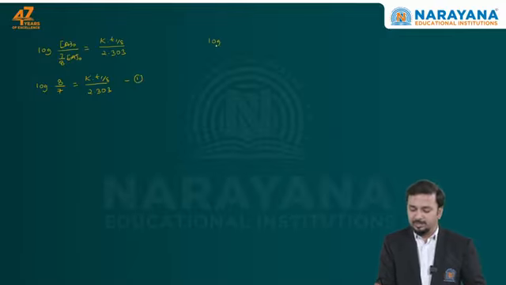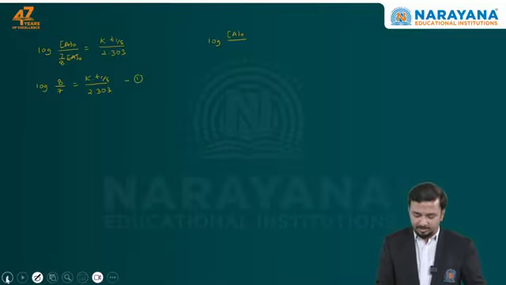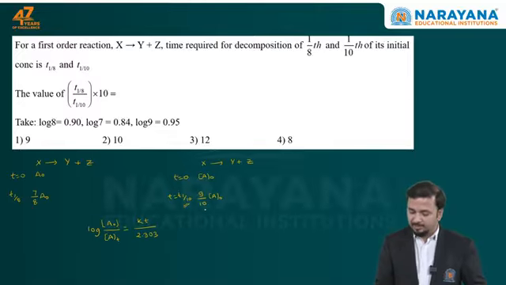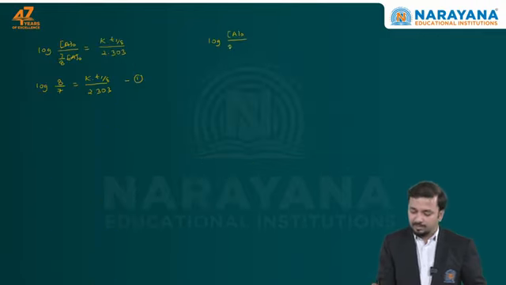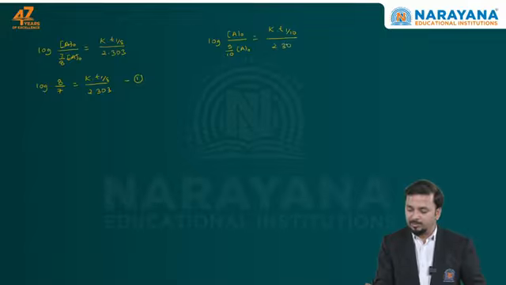If we use second information, for the second reaction they have said that at time T1 by 10, 9 by 10 A naught is left. So we can write log of A naught upon 9 by 10 times A naught is equal to K into T1 by 10 upon 2.303. If we simplify this, it will become log of 10 by 9 is equal to K into T1 by 10 upon 2.303.